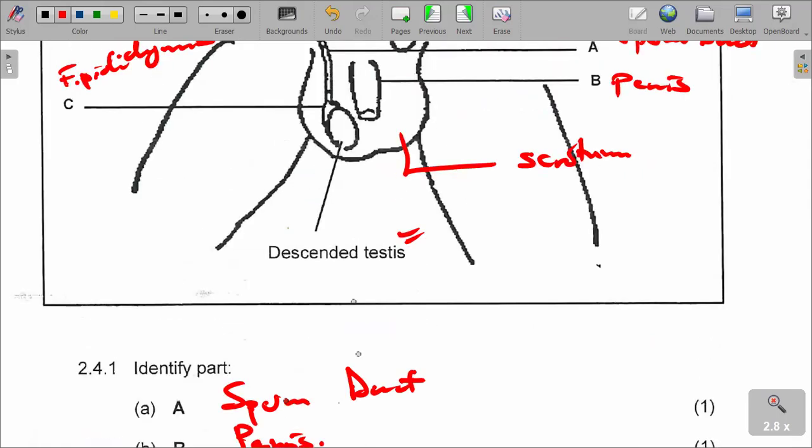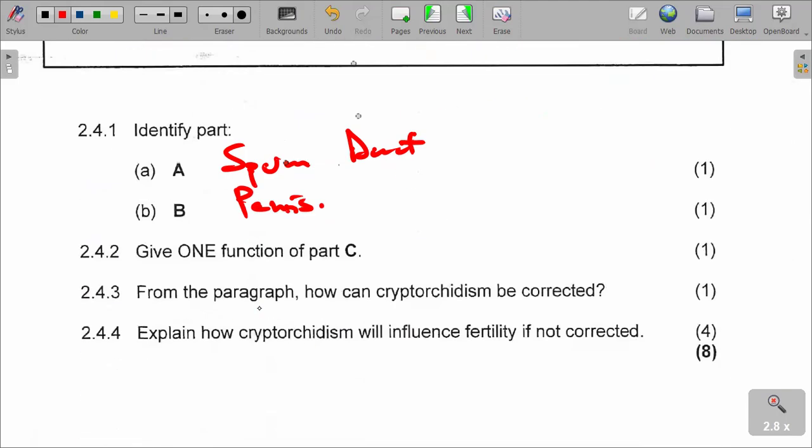It is there to store, it allows maturation of spermatozoa.